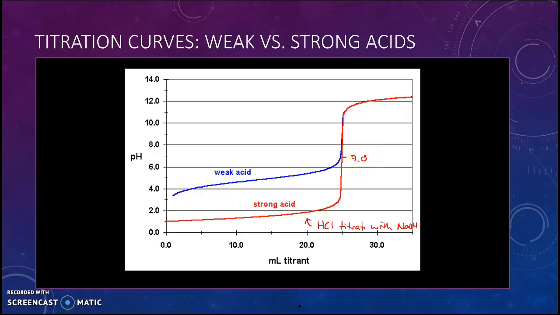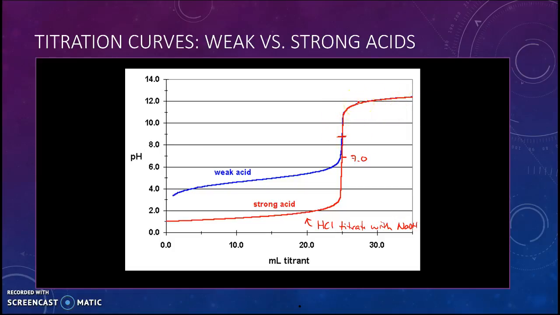Now compare that to what this weak acid curve looks like. First of all, we'll have a starting pH that's a little bit different. It's going to be a little bit more curved. And the thing I want you to note is this center point right here is going to be at a higher pH. We're going to learn why that is in just a second. And then after this point, these two curves match up perfectly, and we'll talk about why that is too.